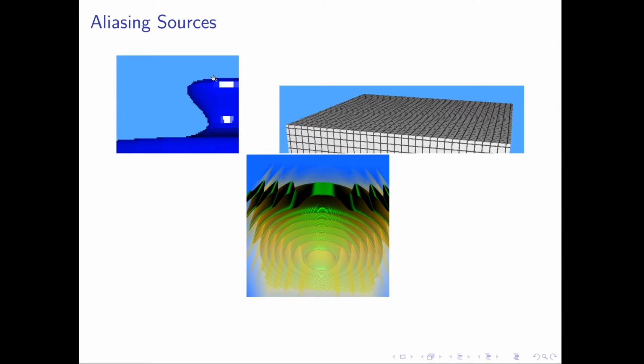You have transitions where some pixels are covered by surfaces and other pixels aren't covered by surfaces. At those transitions, we can see what people call the jaggy edges, very hard transitions. So this is one occurrence of aliasing, and then there are other occurrences of aliasing.